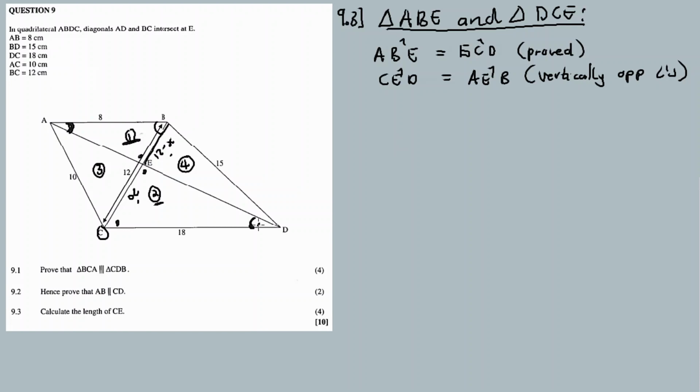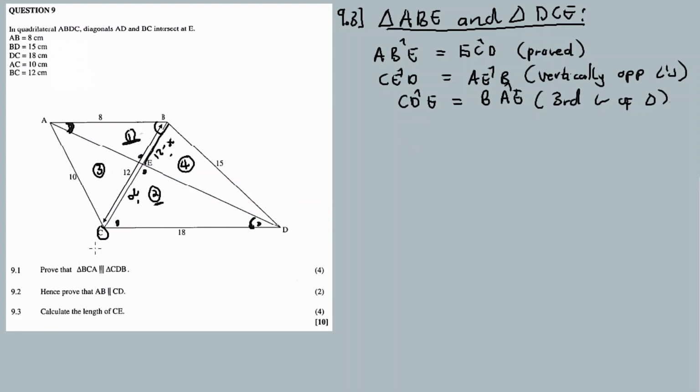So le angle yokugcina, CDE, is also equal to BAE. It's the third angle of the triangle, right? So of course the third angle is always equal.